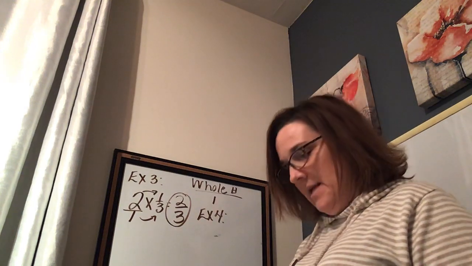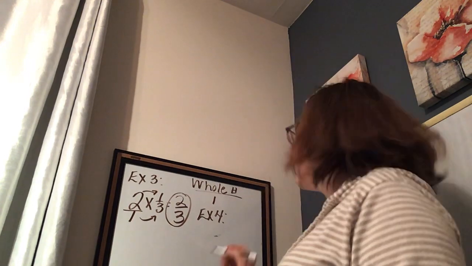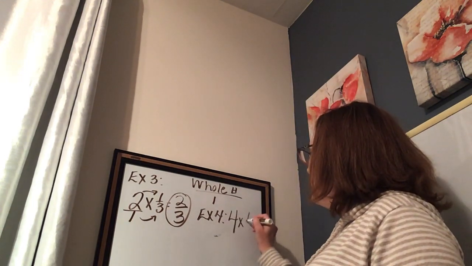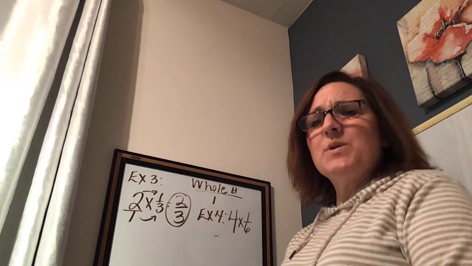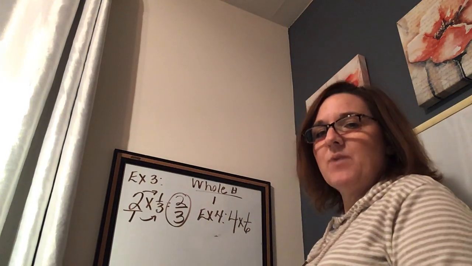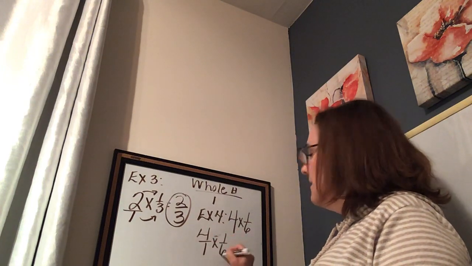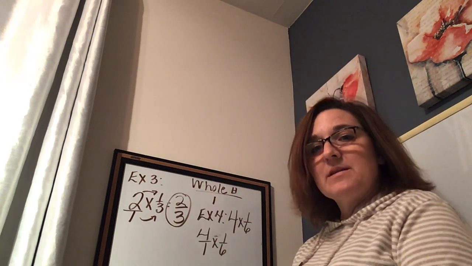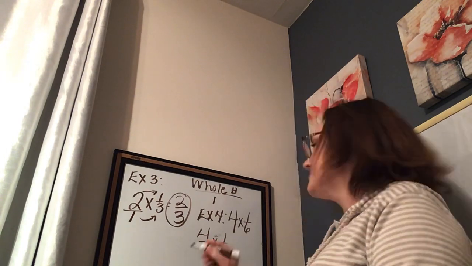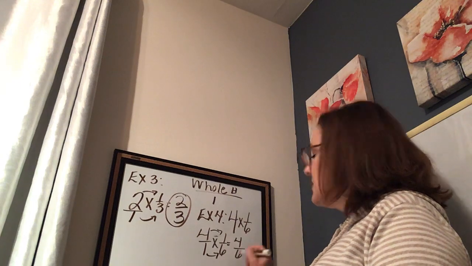Let's look at our next example. Our next example is 4 times 1/6. Now with 4 times 1/6, again, we need a 1 under it. I'm going to rewrite it underneath of it so I have enough room. Okay, and with this, we are going to multiply straight across. So 4 times 1 is 4, and 6 times 1 is 6.